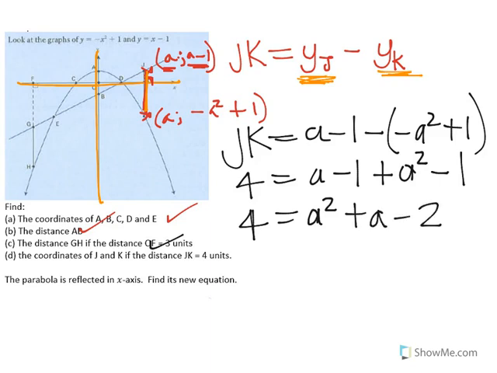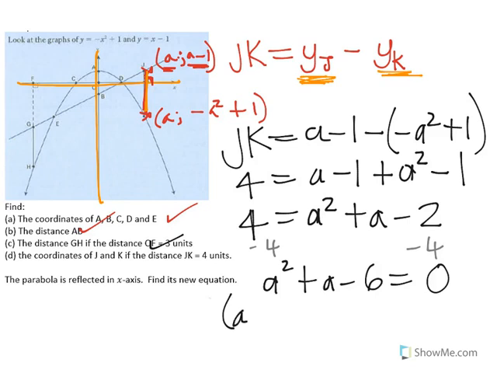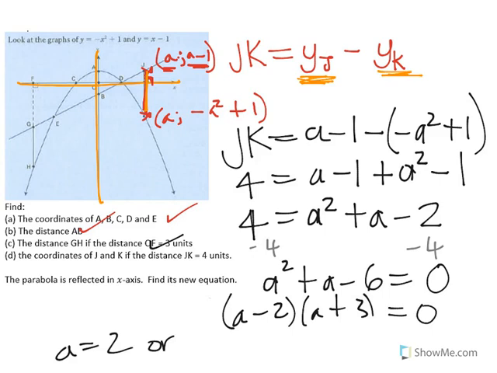Again, quadratic function, to get one side to be 0, we're going to minus 4 from both sides. So then we have a squared plus a minus 6 is equal to 0. And that trinomial factorizes to a minus 2 times a plus 3 is equal to 0, which means that a is either equal to 2, or a is equal to negative 3.